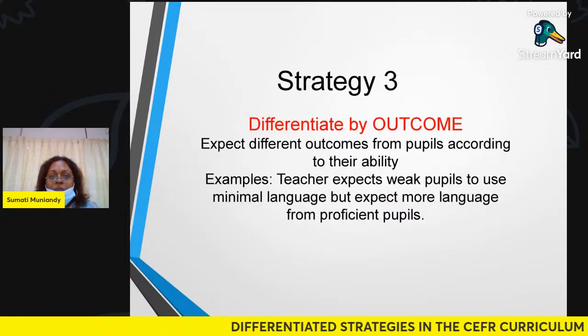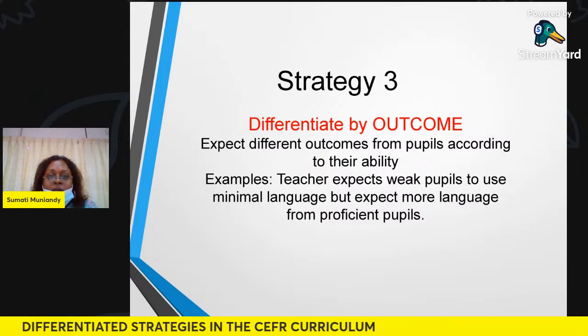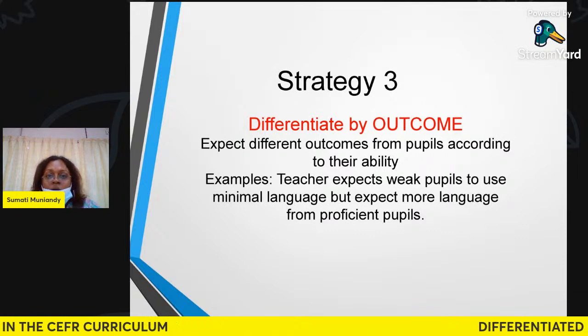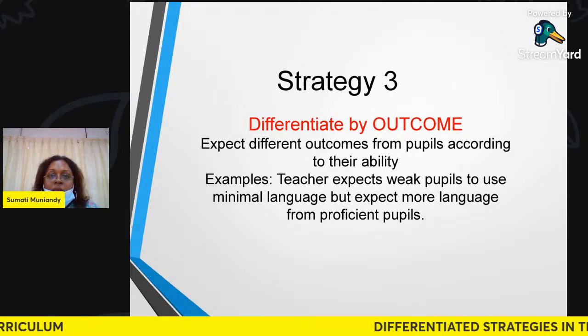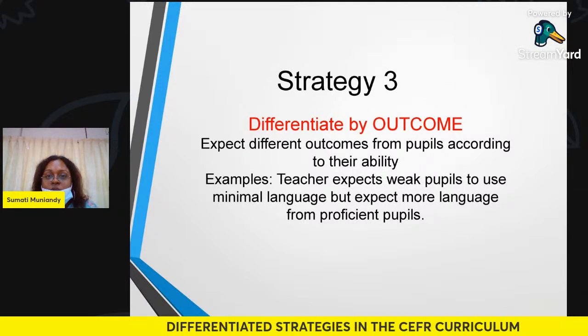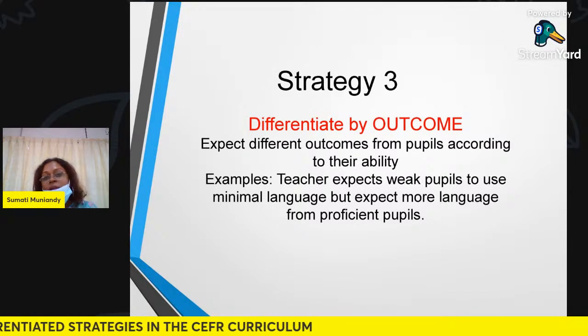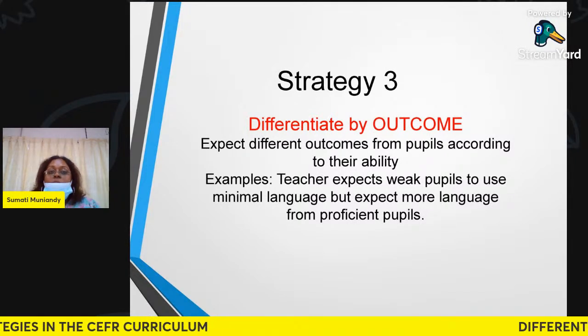Differentiate by outcome. This is what I explained earlier. Expect different outcomes from pupils according to their ability. For example, the teacher expects weak pupils to use minimal language, but expects more language from proficient pupils.